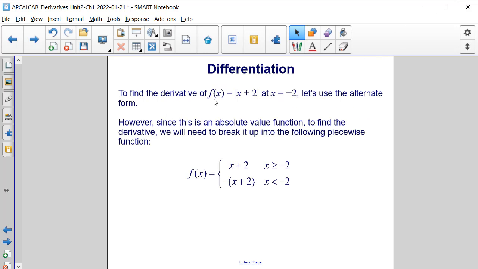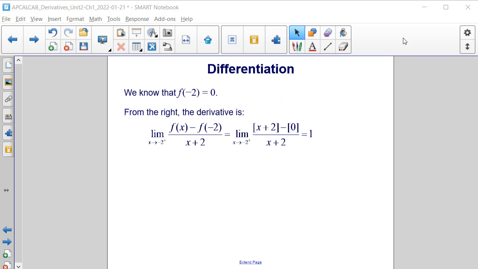To find the derivative of the function f of x is equal to the absolute value of the quantity x plus 2 at x equals negative 2, let's use the alternate form. However, since this is an absolute value function, to find its derivative, we will need to break it up into the following piecewise function, which is x plus 2 for x values greater than or equal to negative 2, and the negative of the quantity x plus 2 for x values less than negative 2.